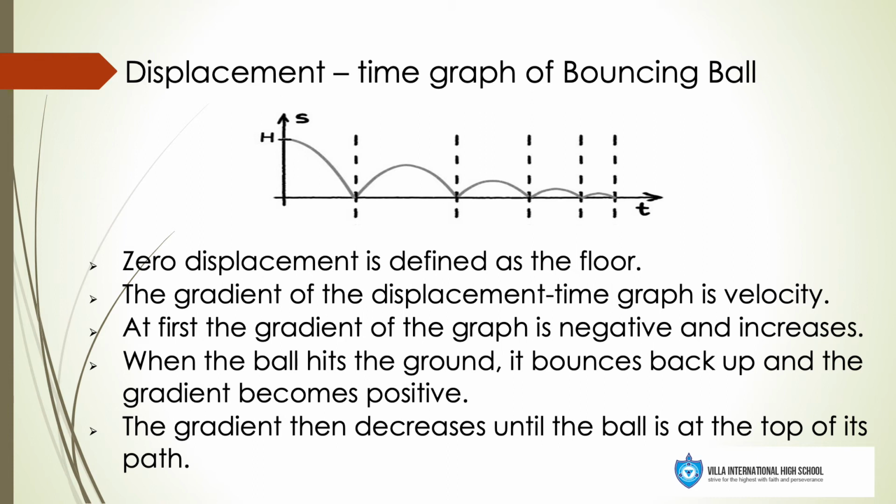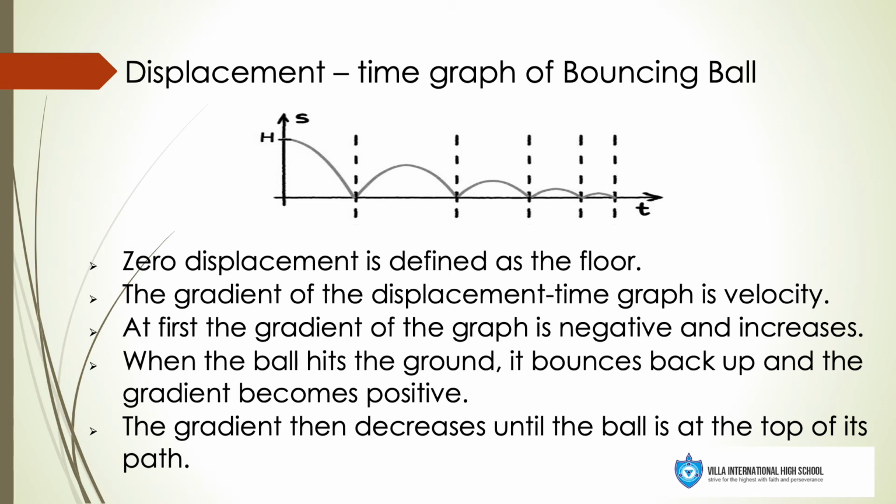Gradient increases means it is accelerating. Look at the first dotted line: at that point the ball reaches the ground. When the ball reaches the ground, it rebounds back.